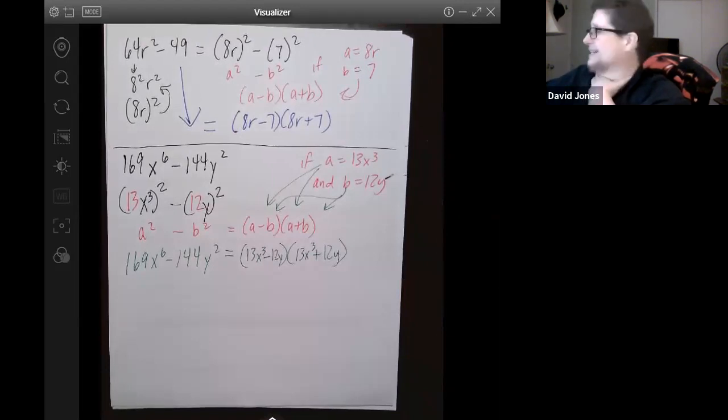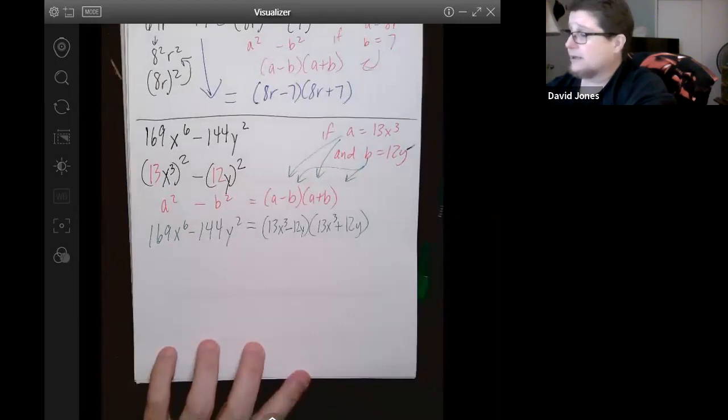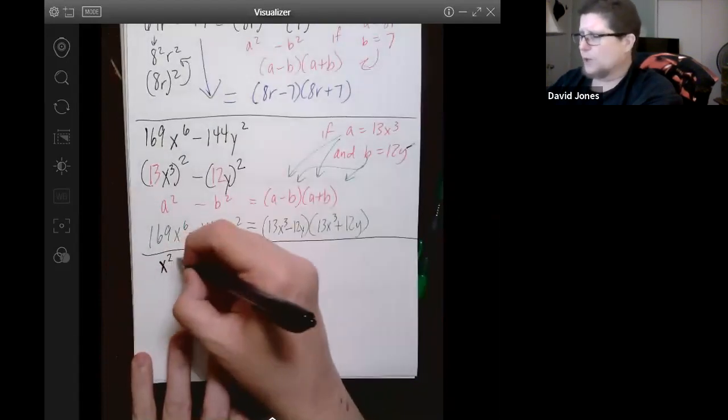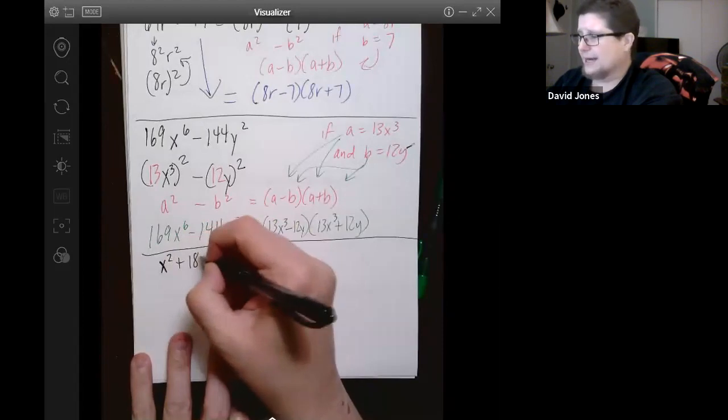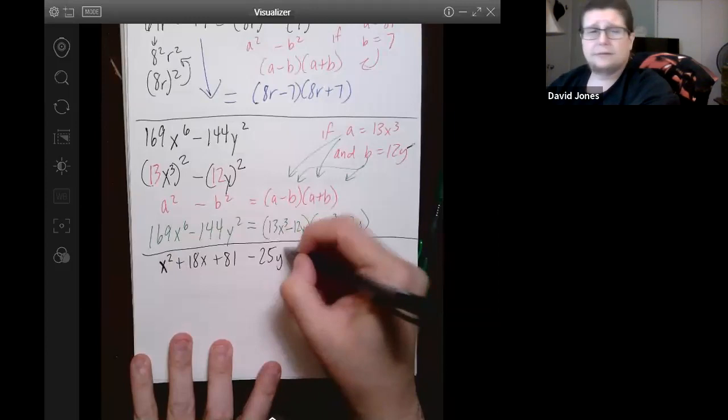Math Lab likes to get even trickier on you. Trickier. x squared plus 18x plus 81 minus 25y squared.